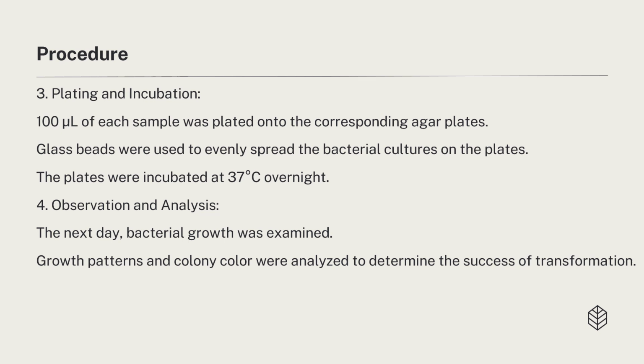And for observation and analysis, we will do this on the next day. We will examine the bacterial growth, and we will analyze the growth patterns as well as colony color to determine whether the transformation is a success or not.